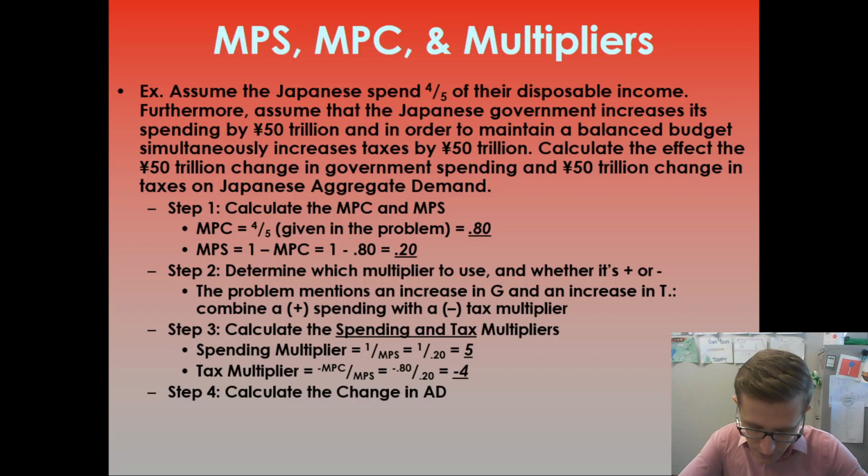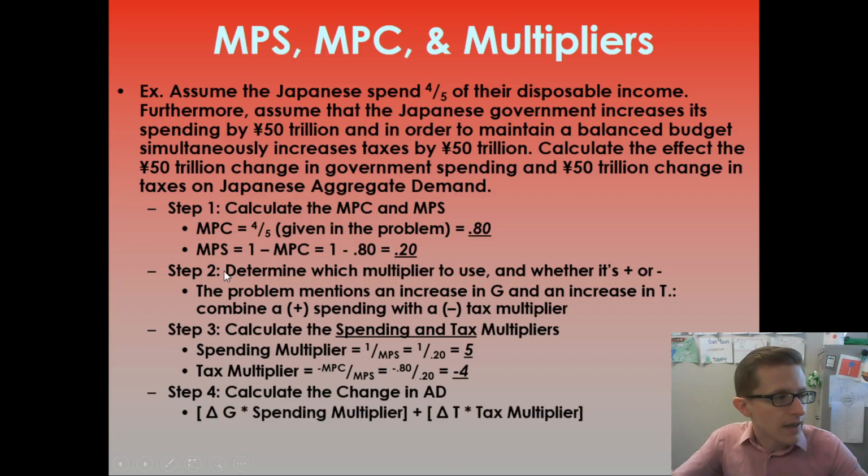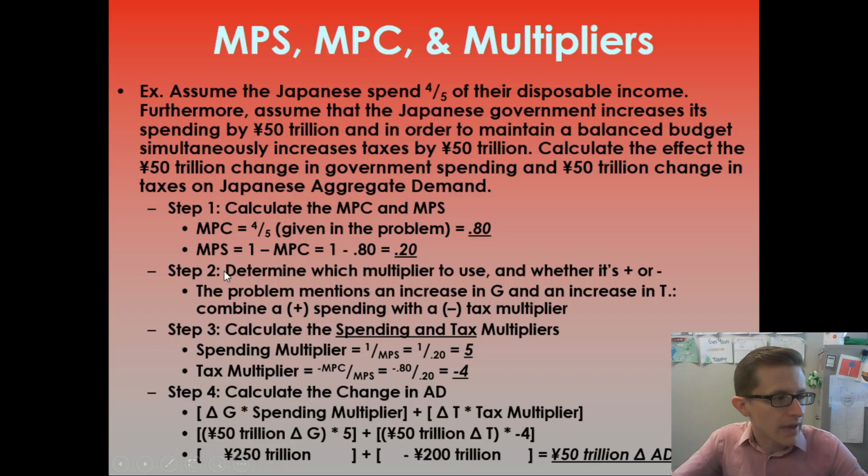That's -200 trillion. We add them together and we get 50 trillion. So what this is going to have is a positive impact on GDP of 50 trillion. Add 50 trillion to the GDP, because the spending multiplier is stronger than the tax multiplier by a magnitude of 1, because the initial change is included with all of it.